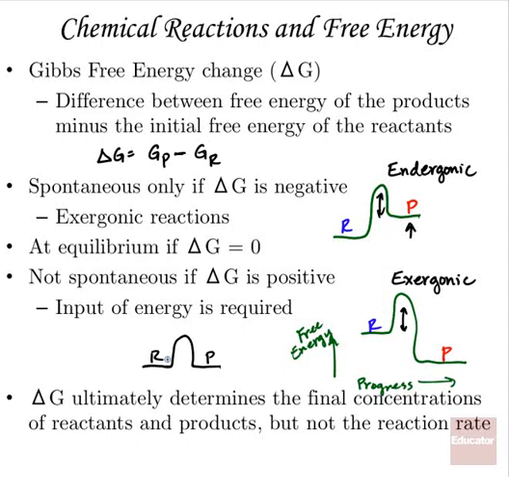Okay, and what's important here is that delta G ultimately determines the final concentrations of reactants and products, but not the reaction rate. Okay, the reaction rate is determined by the enzymes, right? By the activation energy. Okay. Good.